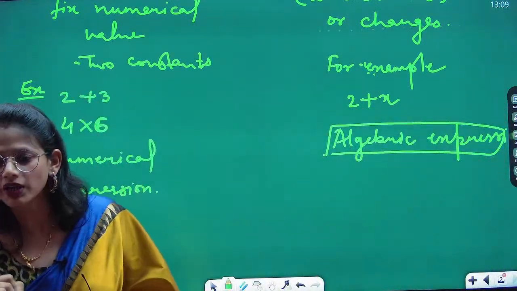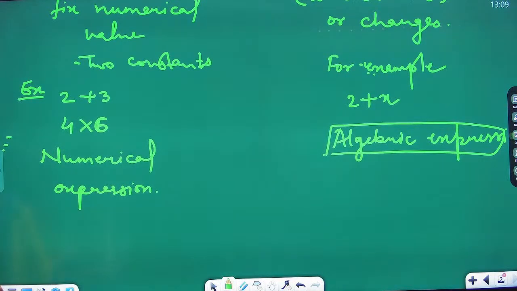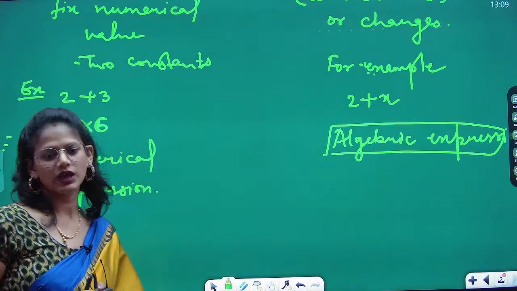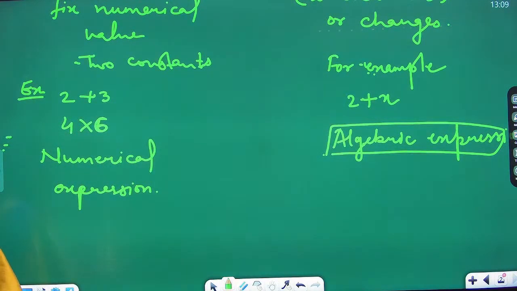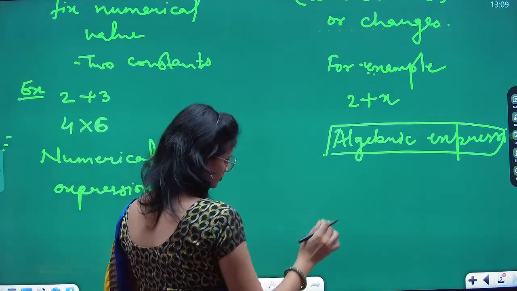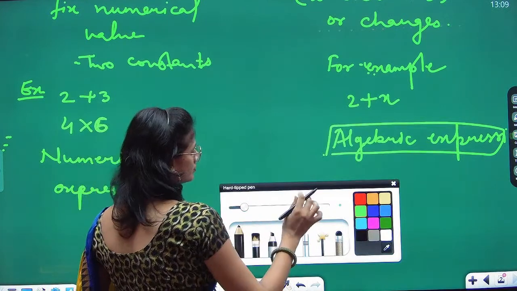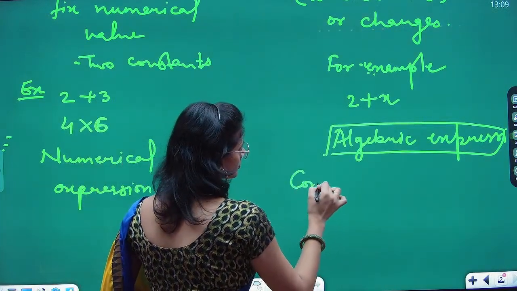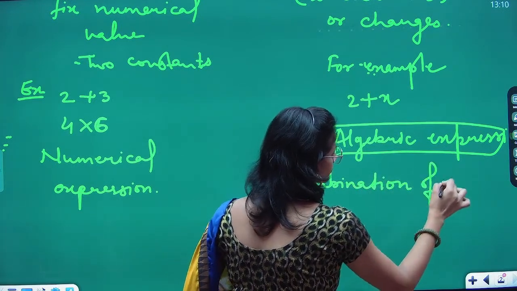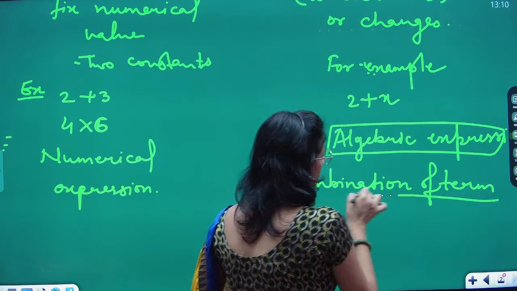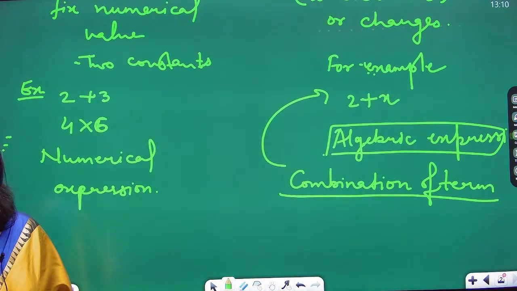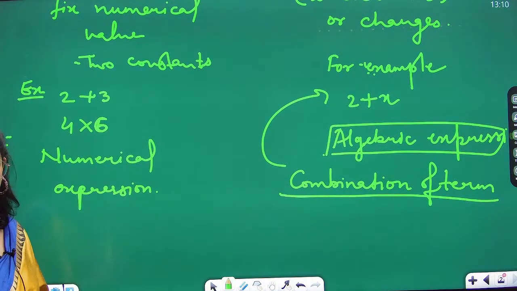Now we have to deal with algebraic expressions. What is an algebraic expression? An algebraic expression is a combination of terms. When we join variables and constants with a mathematical operation, it is called an algebraic expression.